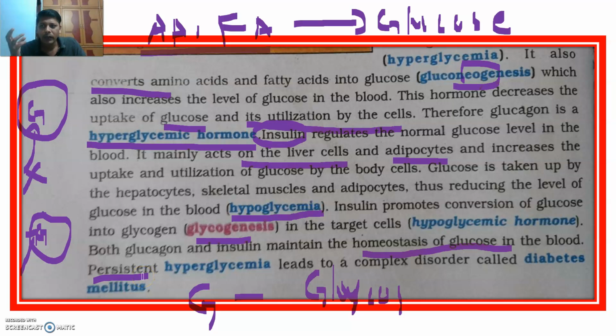For example, if a person goes for a blood test and his glucose levels are abnormal, and the next day again abnormal, in the morning, afternoon and evening, in random tests and before fasting, if glucose levels are persistently high, it may be an indication of diabetes mellitus. It is a complex disorder.